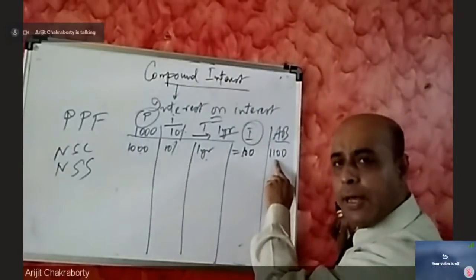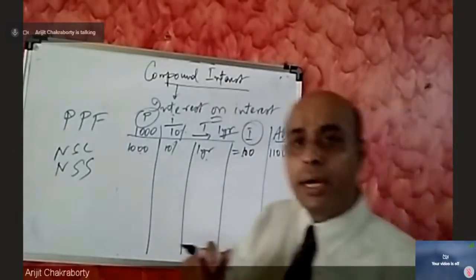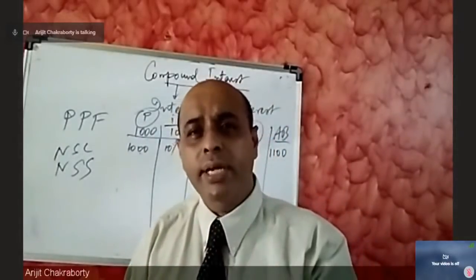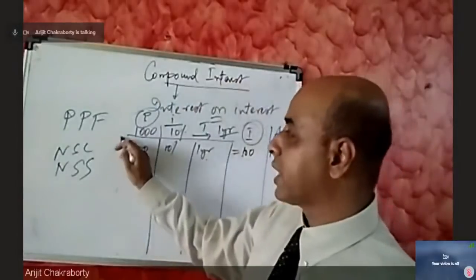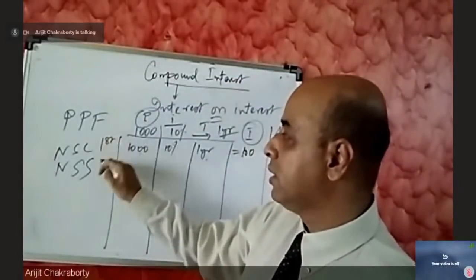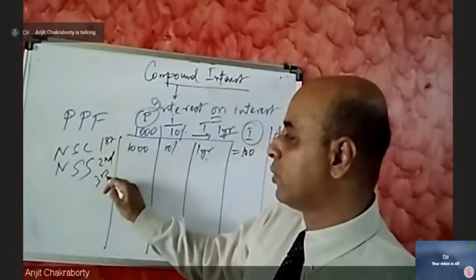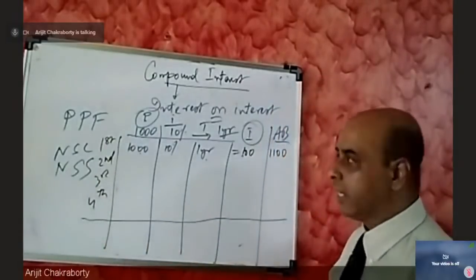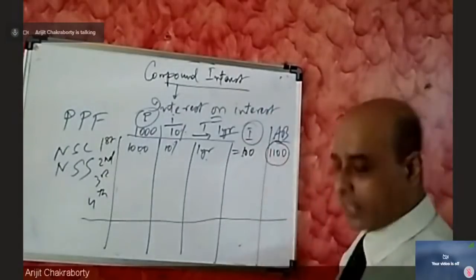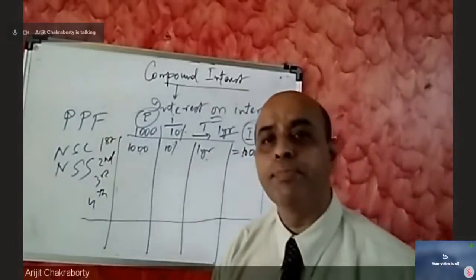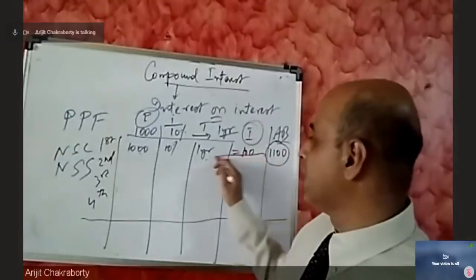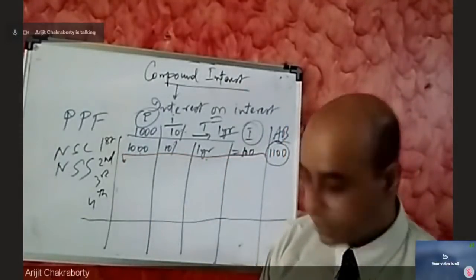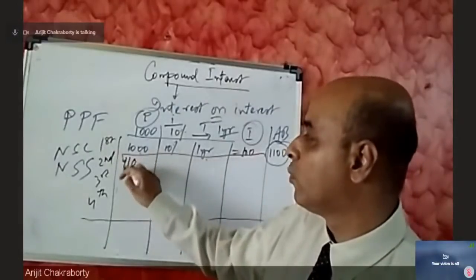Please note, I had 1000 rupees, I earned 100 rupees as interest. So my accumulated balance at the end of 1 year becomes 1100. Fine. Please note, now this 1100 becomes my principal for the second year. So this is first year, this is second year. Let us do it till fourth year. So I write 1100 here.